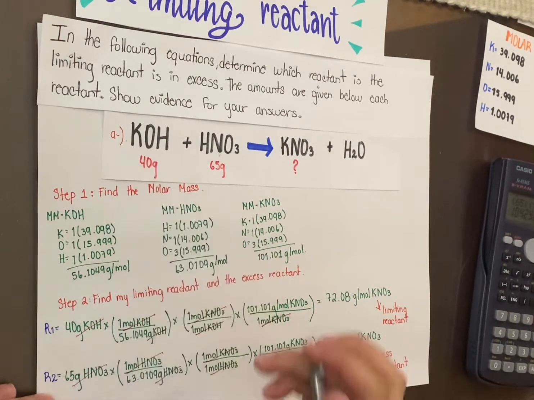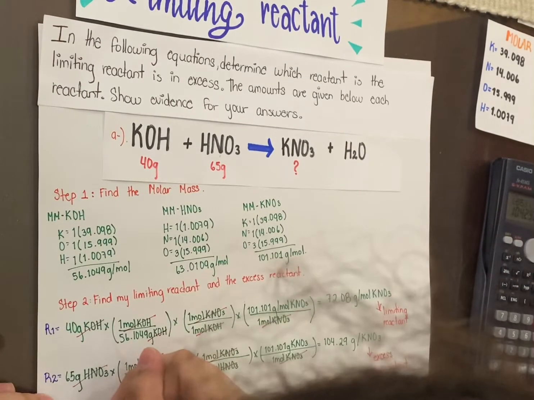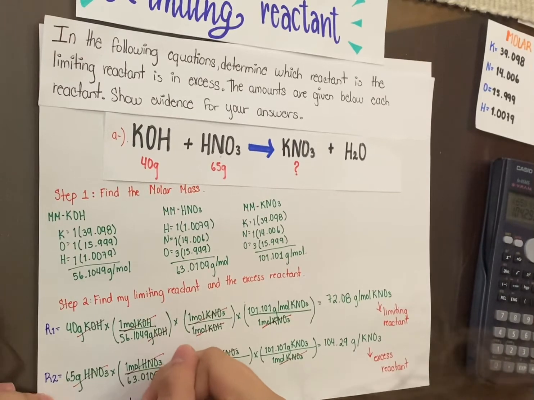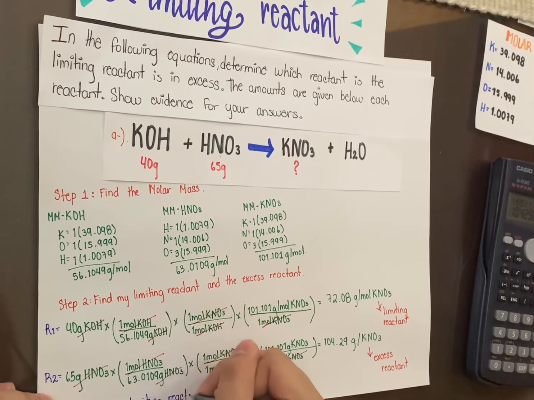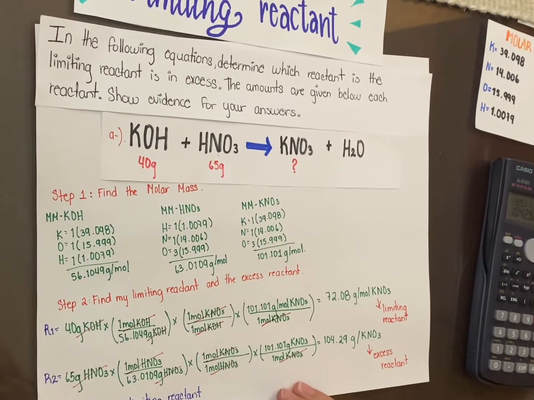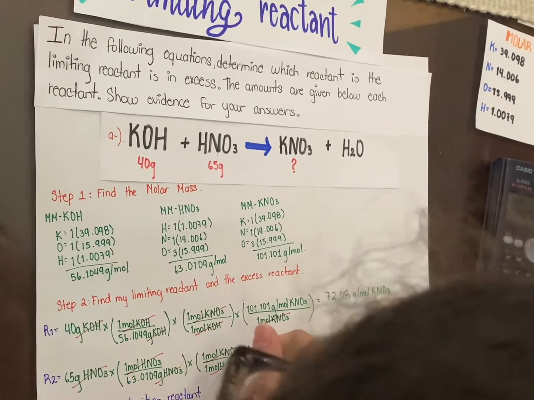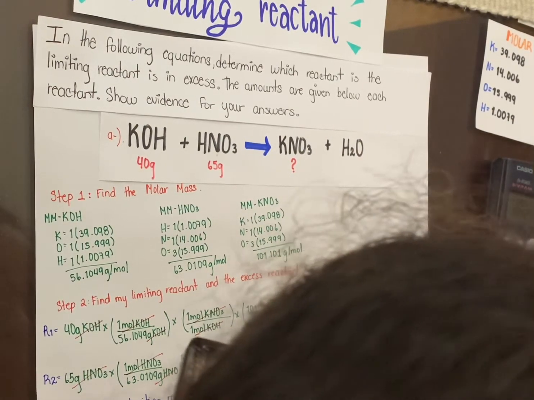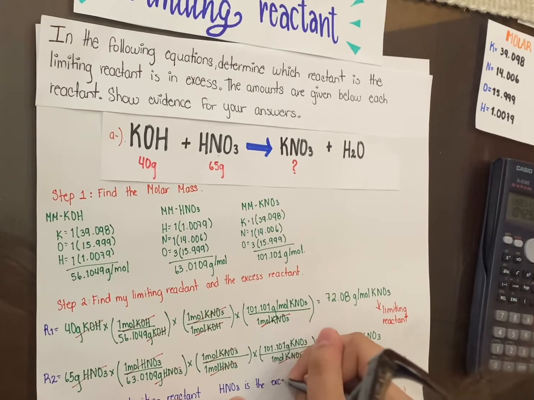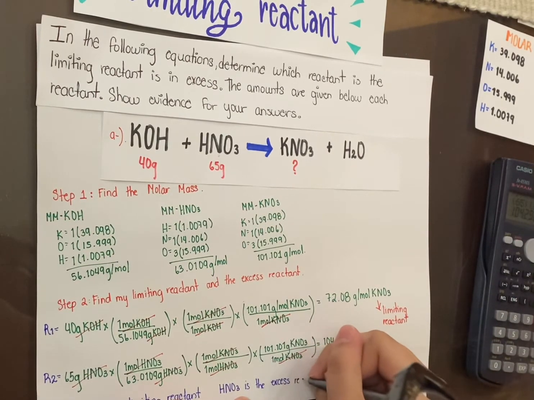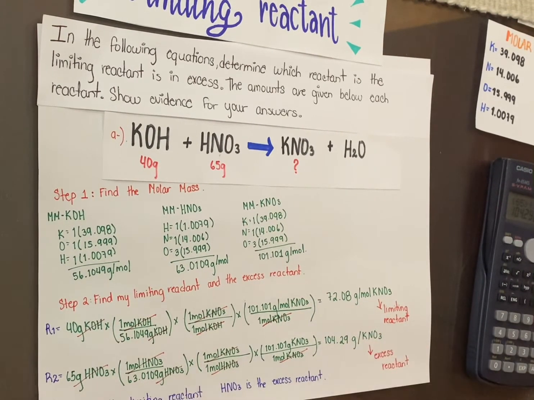So we say that CO is the limiting reactant, and hydrogen, nitrogen, and oxygen 3 is the excess reactant.